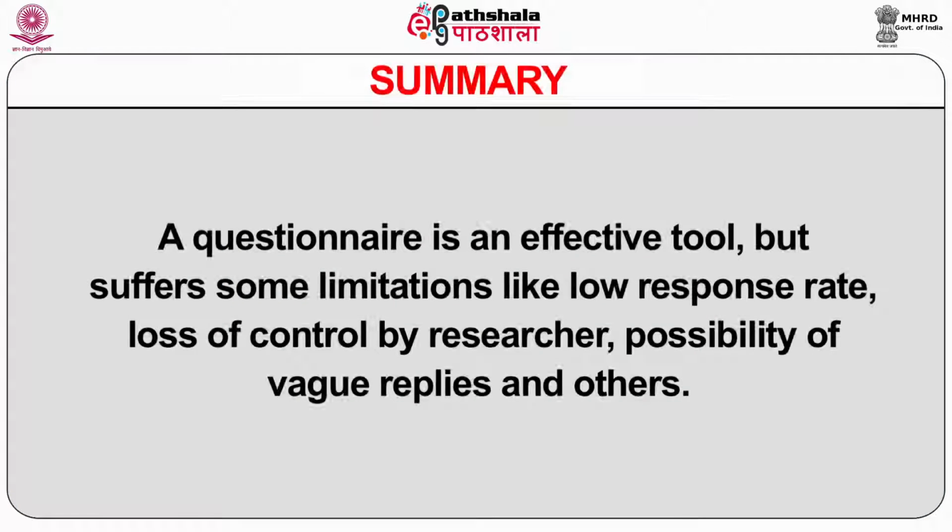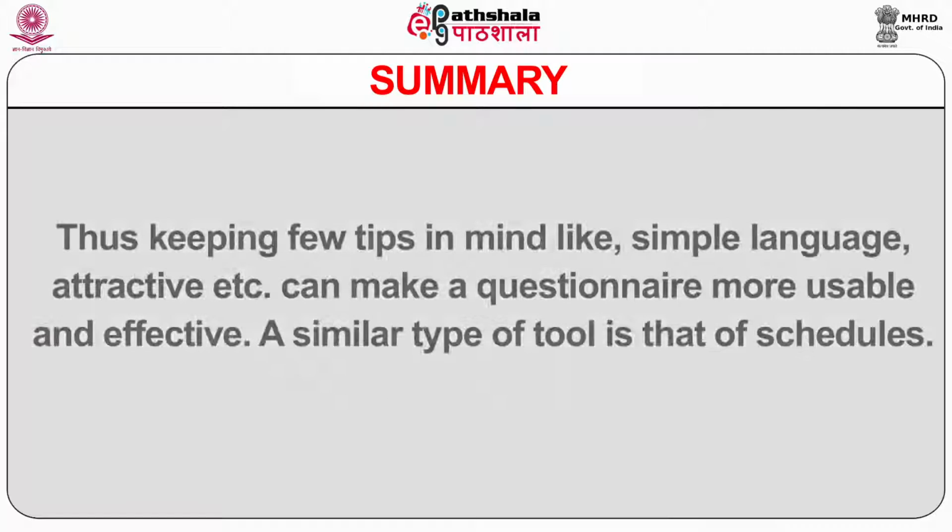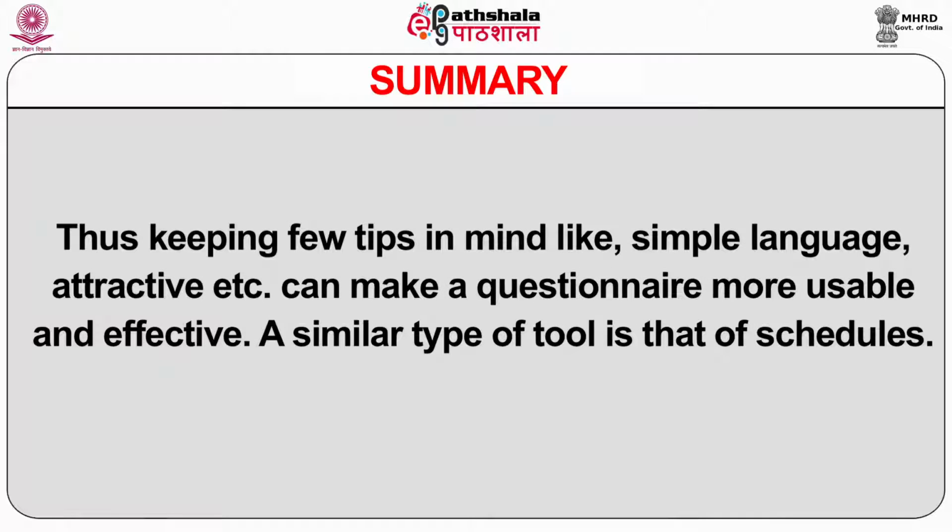A questionnaire is an effective tool but suffers some limitations also, like low response rate, loss of control, the possibility of vague replies, and others. Thus, keeping few tips in mind like simple language, the attractiveness, etc., can make a questionnaire more usable and effective.